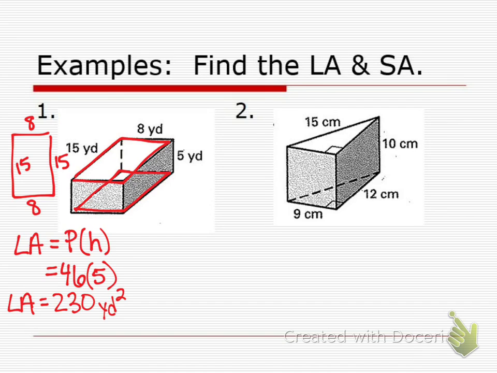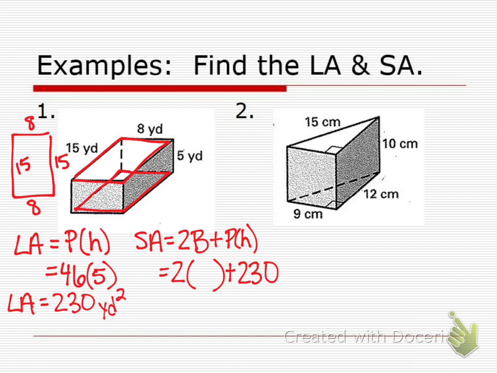They also want the overall surface area. So to find surface area, we take 2 times capital B plus P times H. The nice part about doing lateral area first is that I've already calculated the P times H. So on my next step, I'm going to take 2 times capital B. I still have to figure that out.